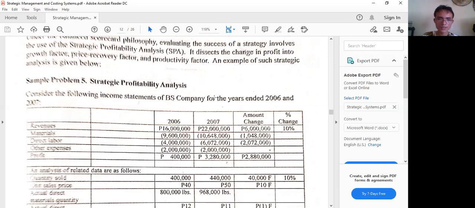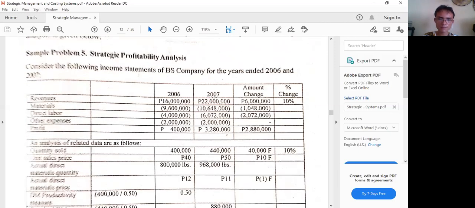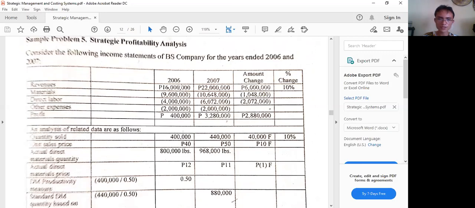All right, so here are the performances of the company, BS company, in the years 2006 and 2007. And here are the items on the income statement, the revenues down to profit. Then we can have here the percentage of change. So to compute the percentage of change, we can have, for example, the prior year. Then we can also get the difference first, of 6 million.